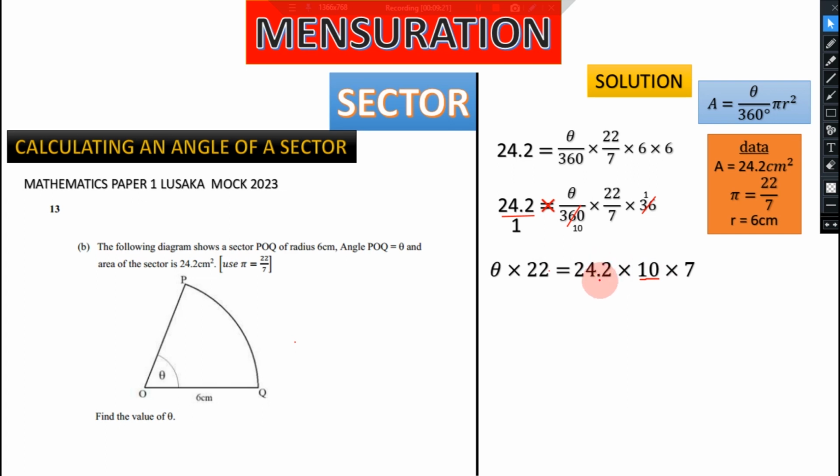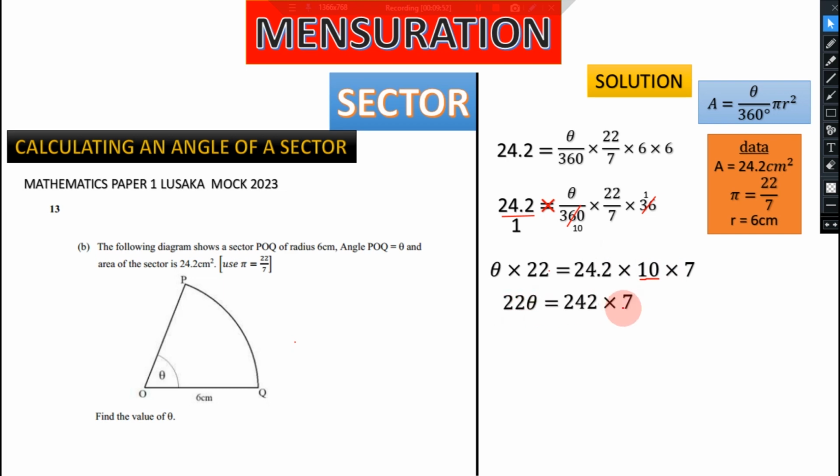Remember, it is all about having the smallest numbers or numbers easy to deal with. So I will multiply the 10 with 24.2. Theta times 22 gives 22 theta, then 24.2 times 10 gives 242, so the point is moved away. You can see how easy our numbers are becoming.